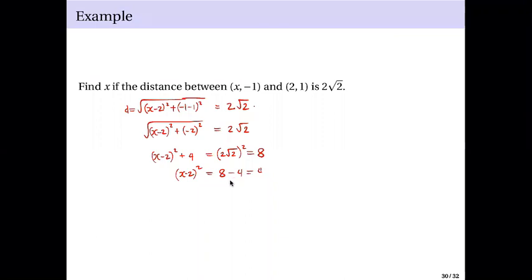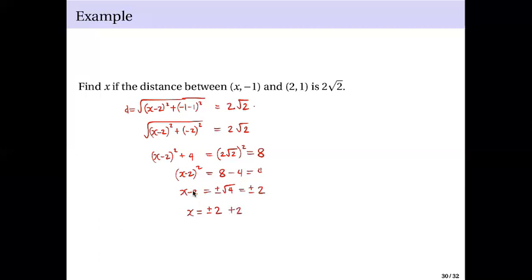Okay? Then now we take the square root. And again, taking the square root, don't forget that plus or minus. So plus or minus square root of 4, and that's just 2. So plus and minus 2. And solving for x, you have here x equals plus and minus 2 plus 2.